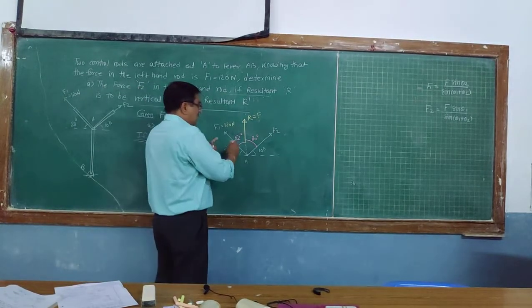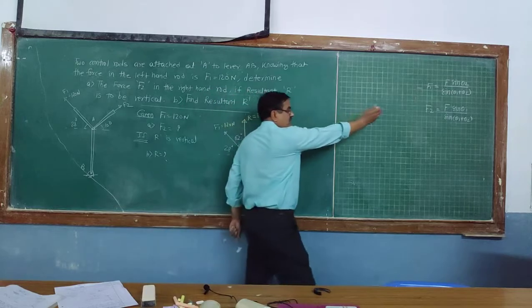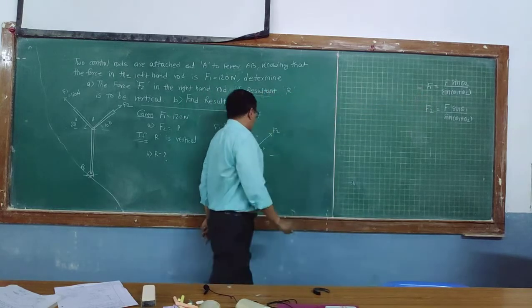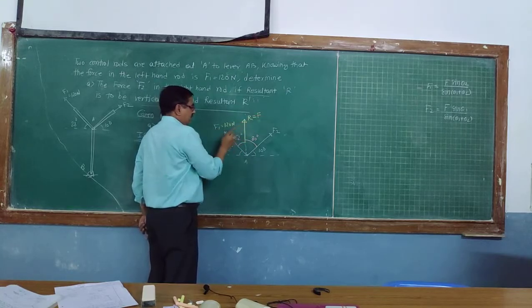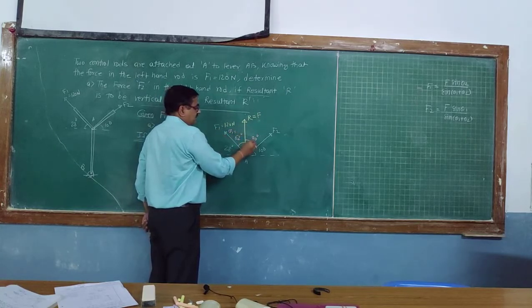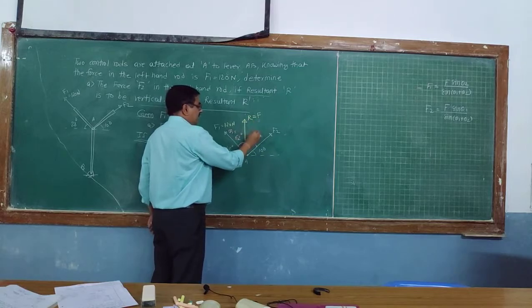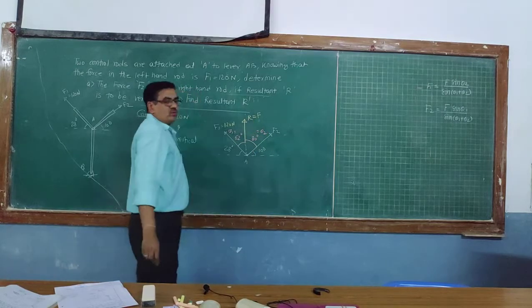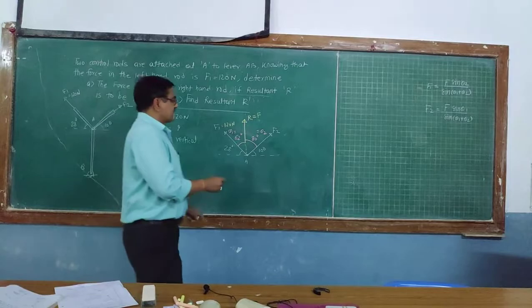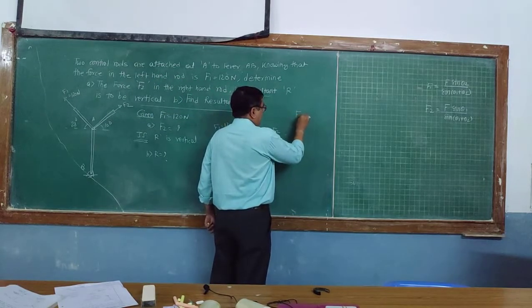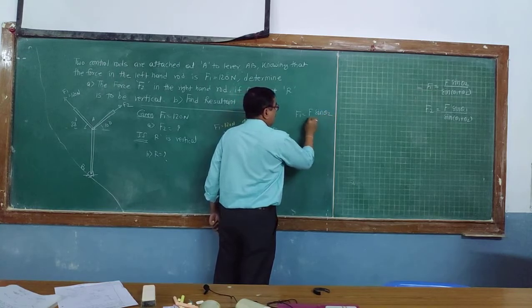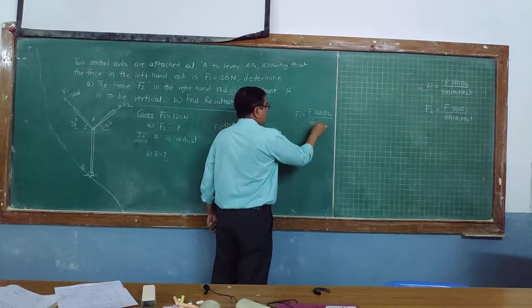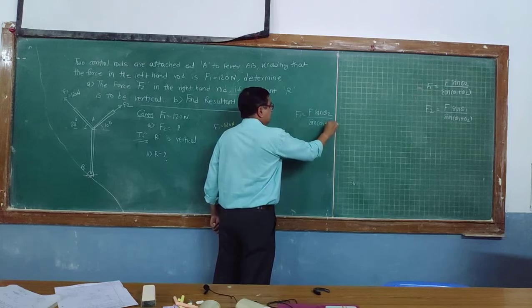Now according to our formula, we will modify the figure further. This is the angle made by F1 with F, so this is theta 1. This is the angle made by F2 with F, hence this is theta 2. Using the skew resolution concept, F1 is equal to F into sine of theta 2 divided by sine of theta 1 plus theta 2.